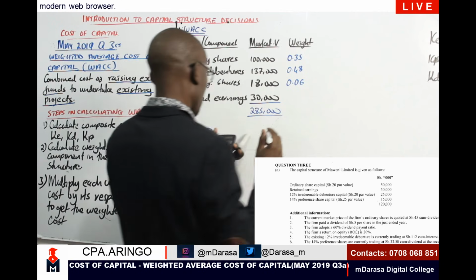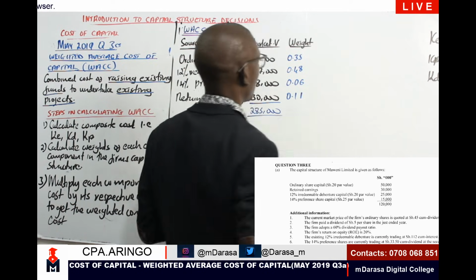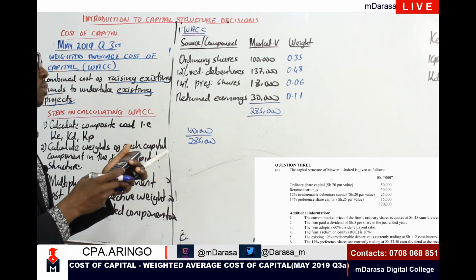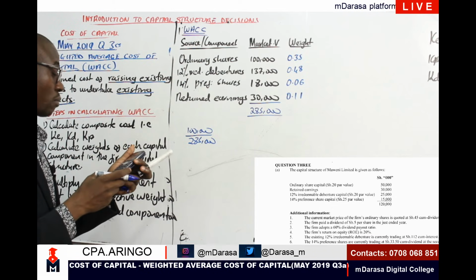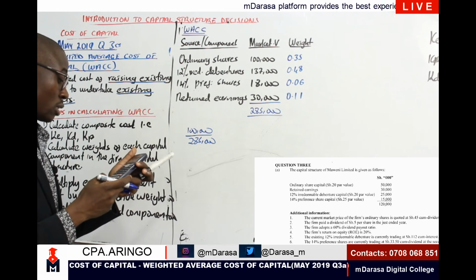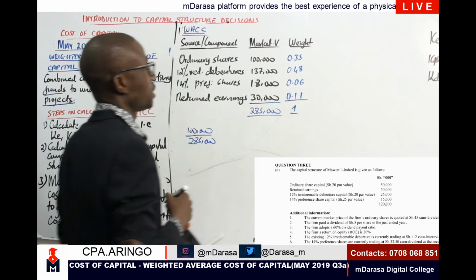That should give me a figure of 0.11. Right? So if we sum it up, 0.35 plus 0.48 plus 0.06 plus 0.11 should give us 1, right? So that is our weight.